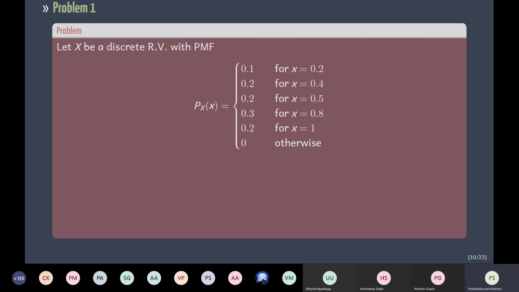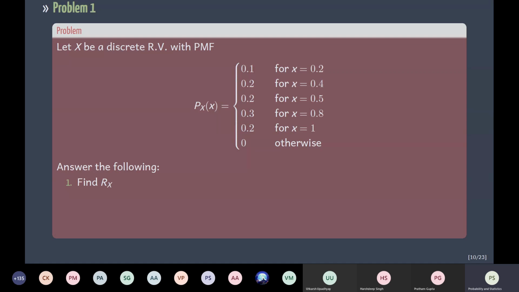So let us say this is the PMF of some random variable we don't know. The only thing important to check is that the sum should be 1, which seems to be the case here.